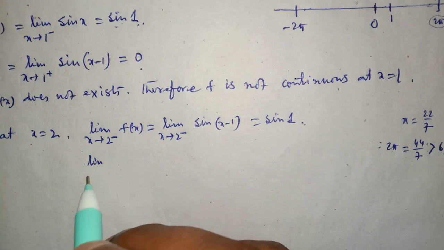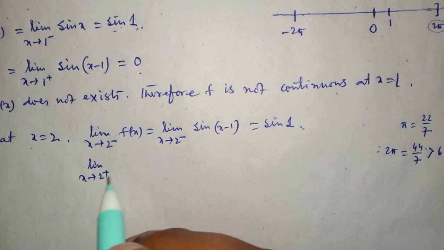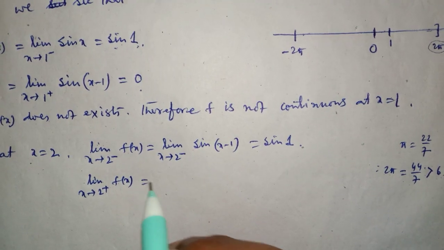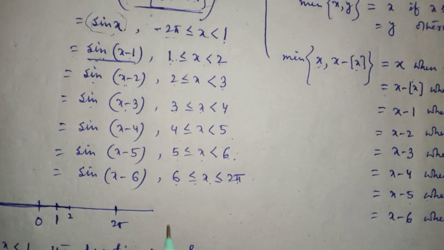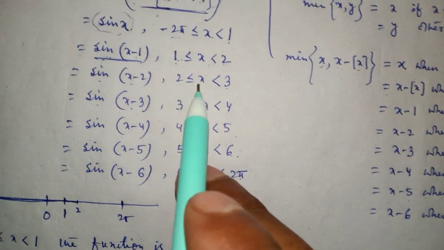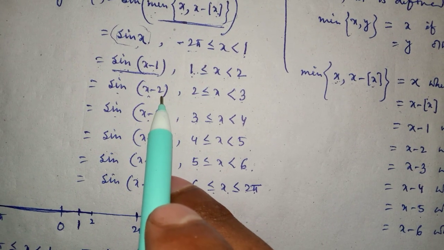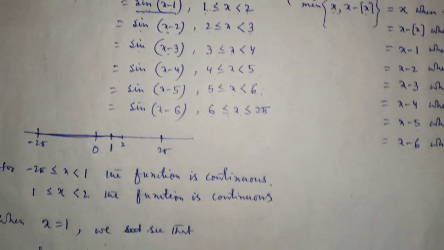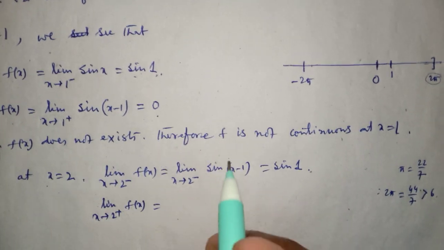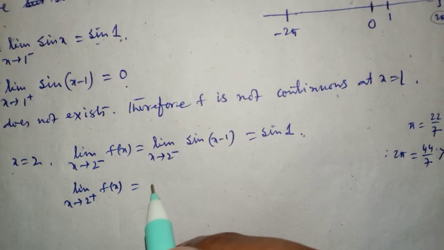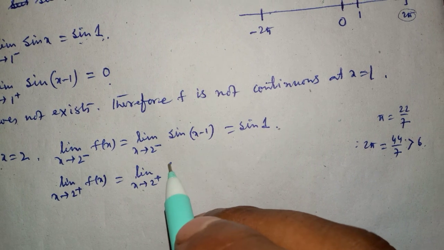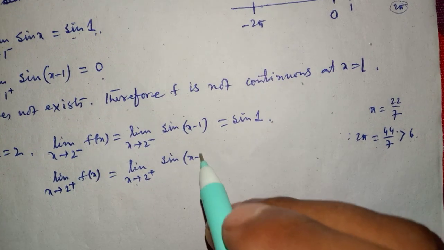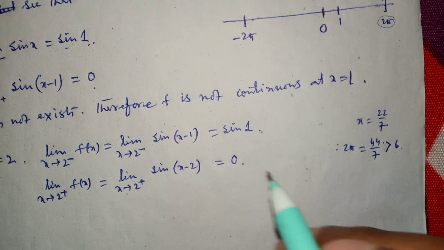But limit x tends to 2 plus f of x means sin x minus 2, so limit x tends to 2 plus sin x minus 2 is equal to 0.